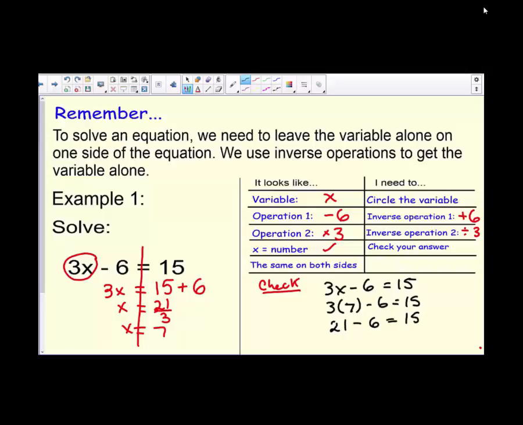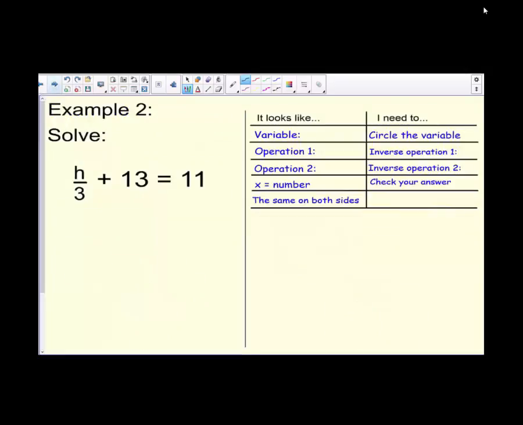That is supposed to equal 15. 21 minus 6 equals 15, and 15 is equal to 15. Therefore, we solved our problem correctly. Next.